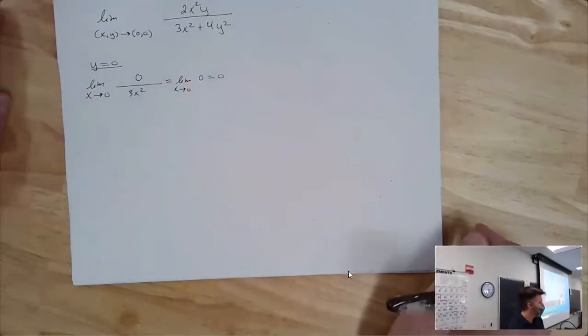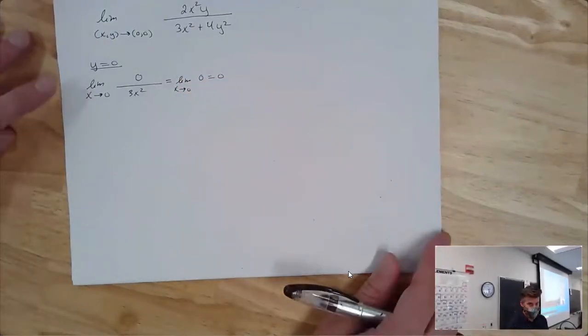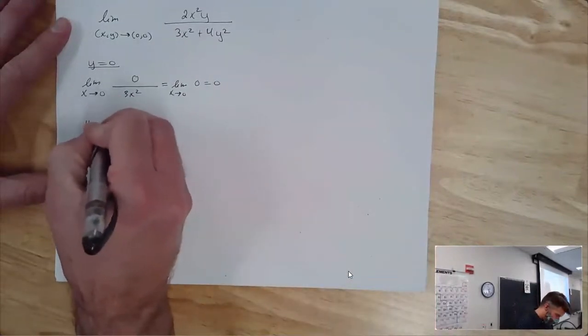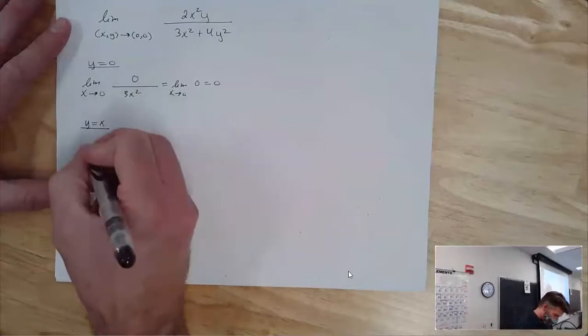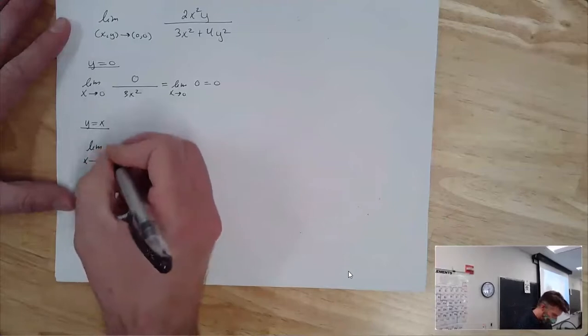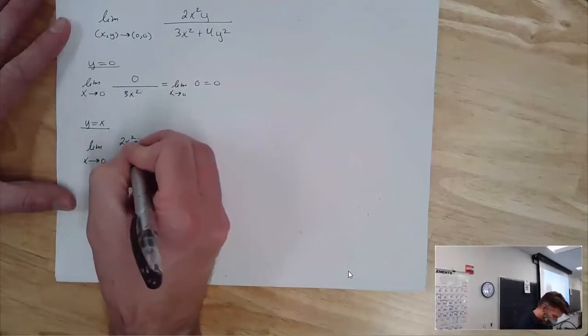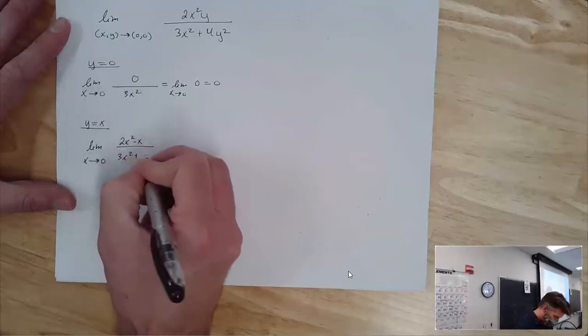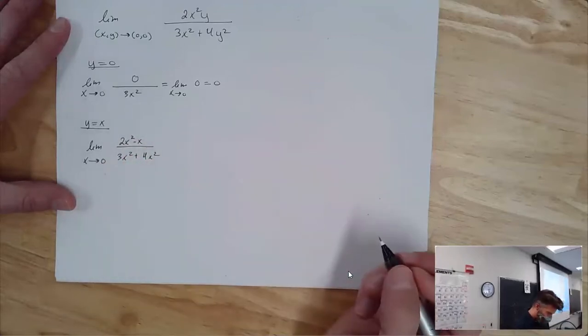Okay, great. So now I need another path that gives me not 0. Let's try y equal to x. The limit as x approaches 0 of 2x squared times x over 3x squared plus 4x squared.